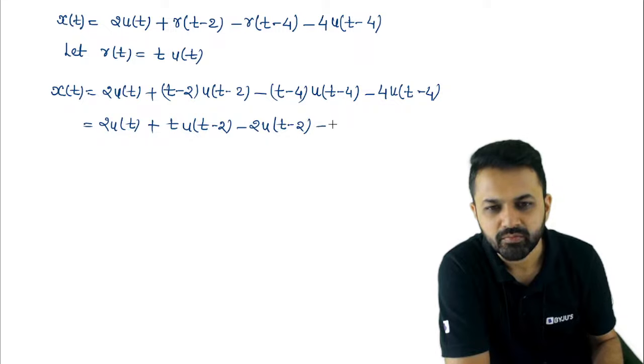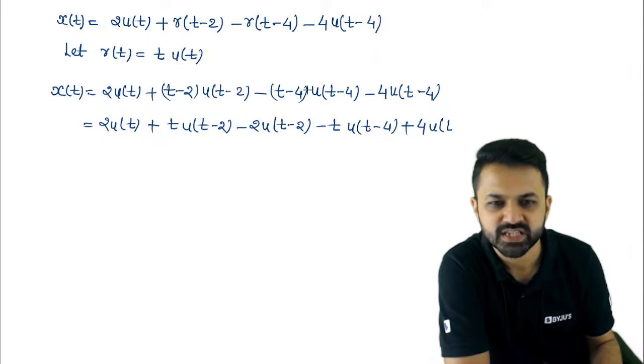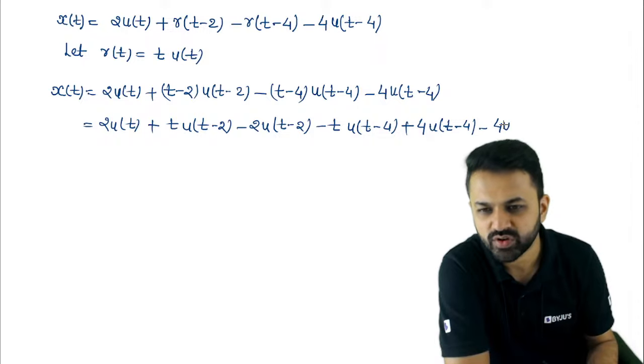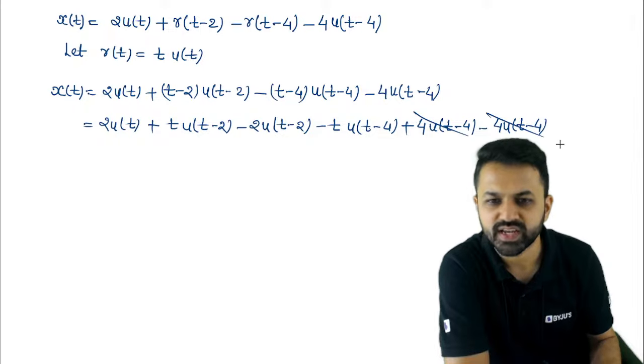As per the question, t u(t minus 2) minus 2u(t minus 2) minus t u(t minus 4), then minus minus has become plus, plus 4u(t minus 4) and minus 4u(t minus 4). So these two will get cancelled.